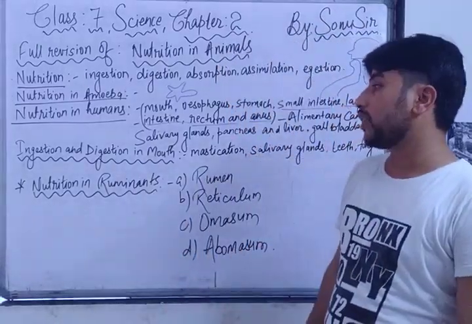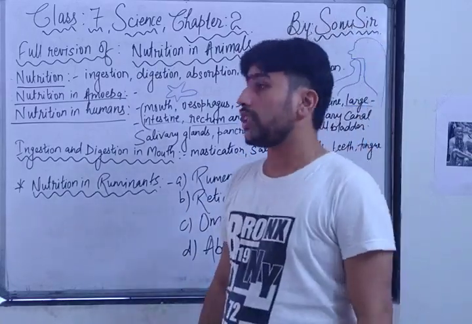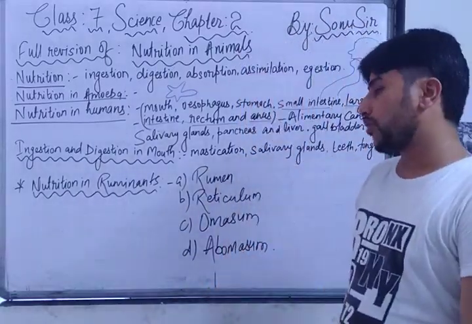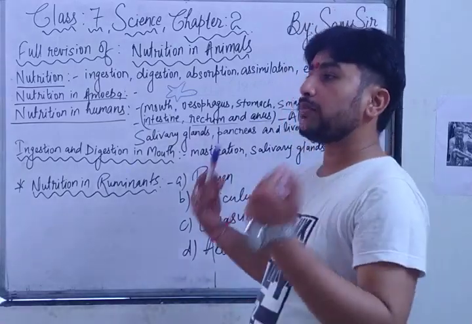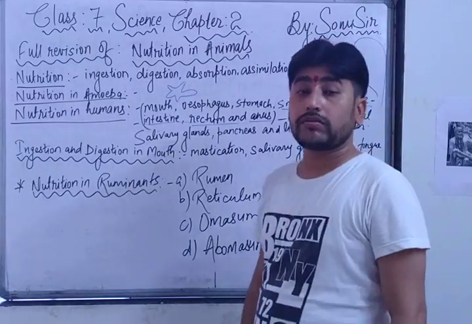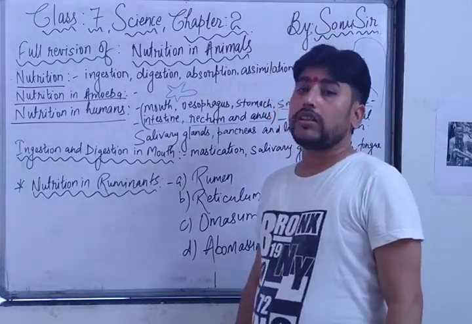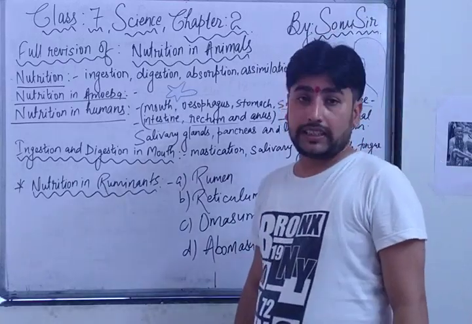If anybody asks you the number of teeth of incisors, canines, premolars and molars, can you tell me? I am telling you: molars, 6 up, 6 down, 12 teeth. Premolars, 4 plus 4, 8 teeth.